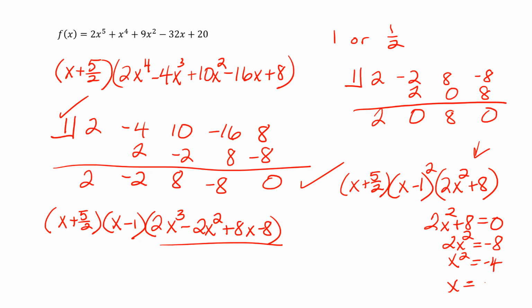So x would be plus or minus 2i. So our zeros then are going to be negative 5 halves, 1 with a multiplicity of 2, and plus or minus 2i. So that's supposed to be 5 total zeros. So 1, and then 1 happens twice, and then you've got plus 2i and minus 2i, which makes a total of 5.